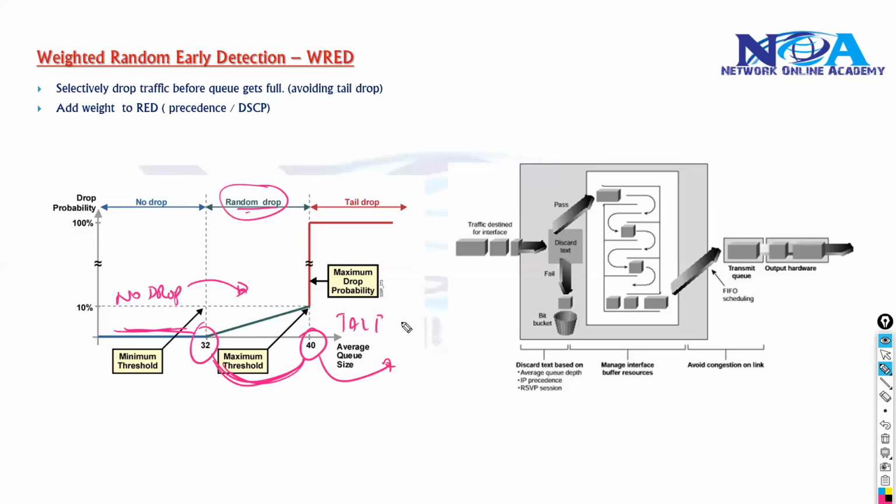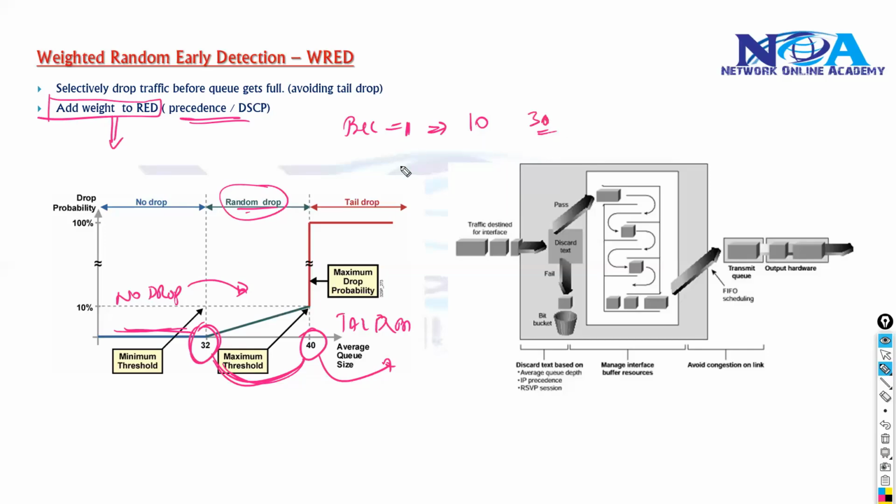Now, the only difference between RED and weighted RED is that here we are going to add weight to the random early detection. This means we can configure based on precedence or DSCP values. If the traffic is coming with a precedence value of 1, then I can say the minimum threshold value is 10 and the maximum threshold value is 30.